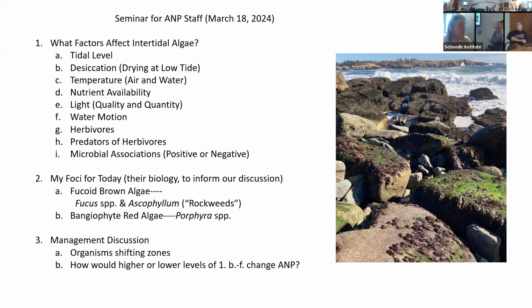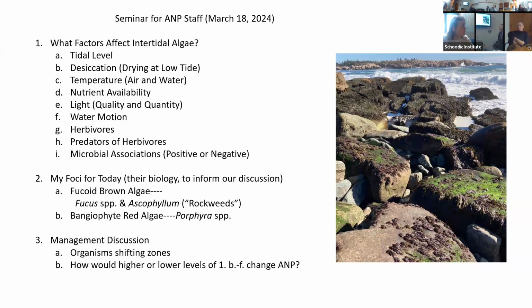So here's what I'm going to talk about. I just want to review quickly the factors that affect intertidal algae and for that matter, most other parts of the intertidal community. Tidal level, desiccation, you know, drying at low tide or freezing in the winter at low tide. Temperature, both air and seawater, nutrient availability, light in terms of quality and quantity, water motion.